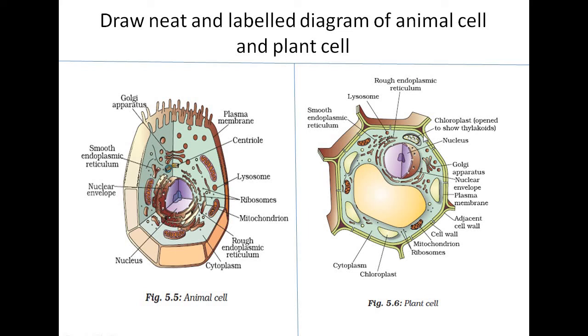So there are so many coloring materials in plants, but in animals there is no coloring material. The coloring materials are called plastids. Here there is chloroplast. Like that, plastids are there in plants, but plastids are not in animals. Animals don't have green color, don't have red color in their cells.